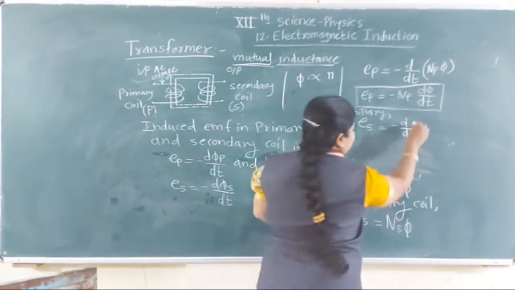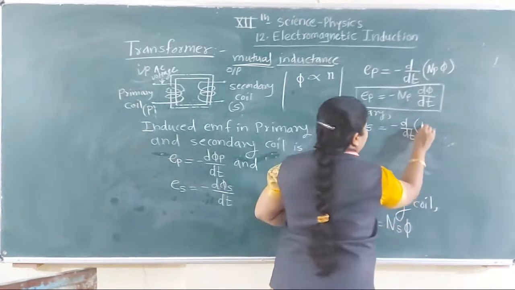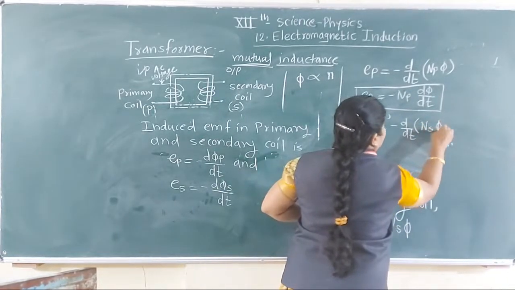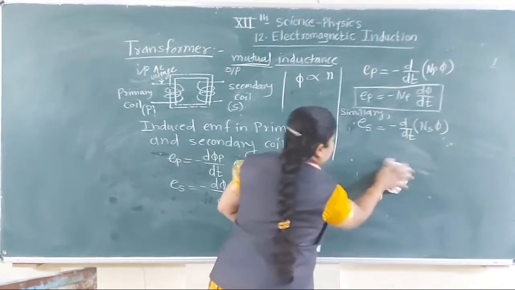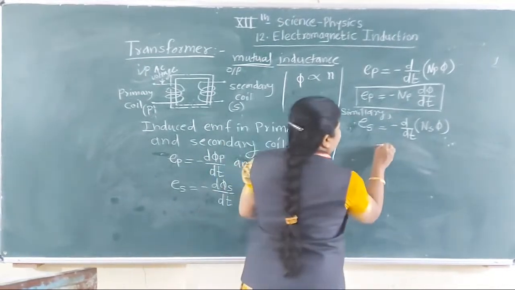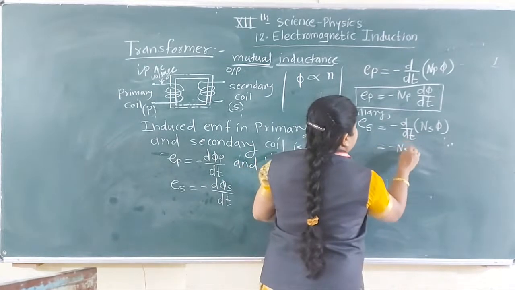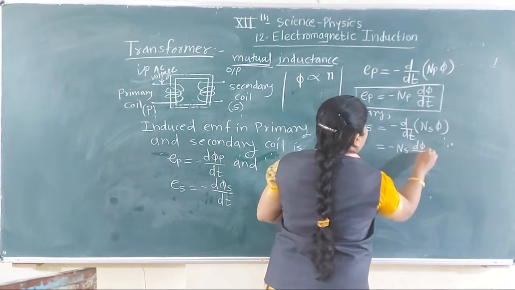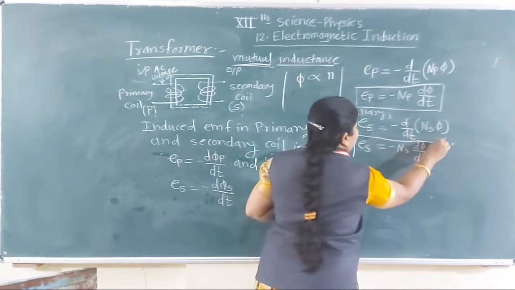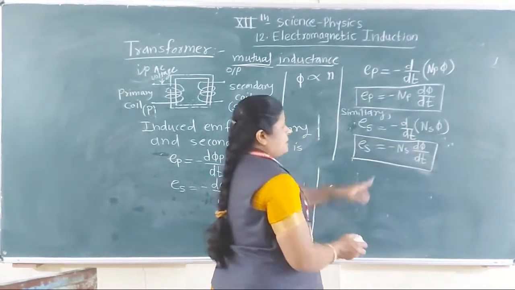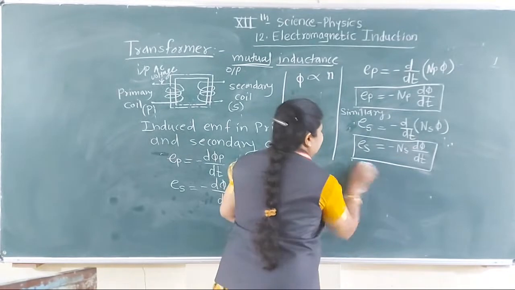Let's substitute this value in this formula. So we get ES is equal to minus Ns d phi by dt.